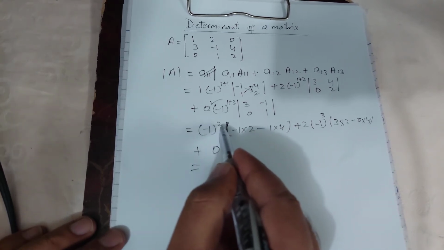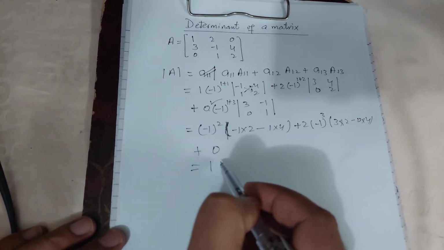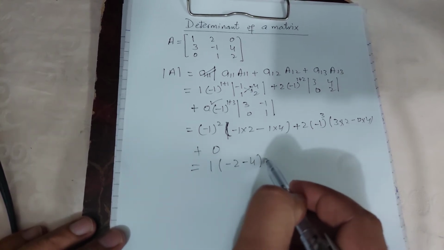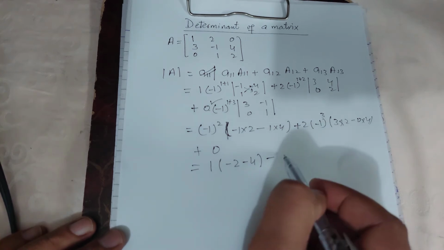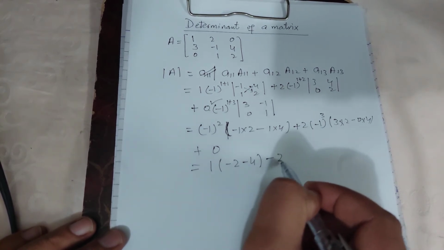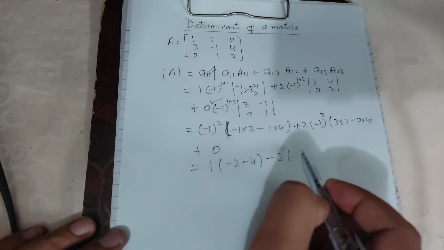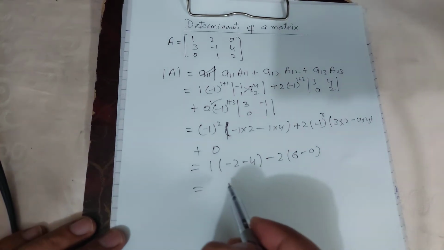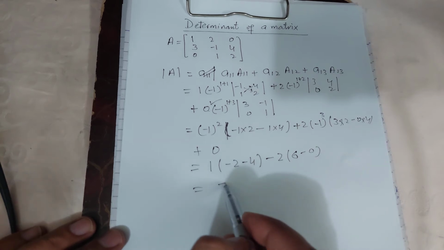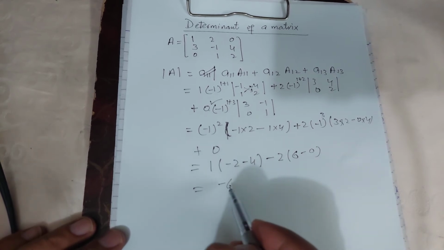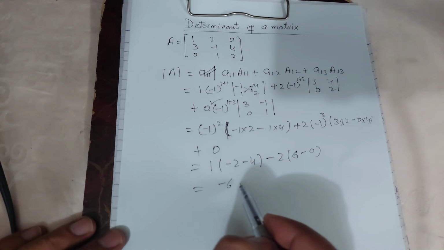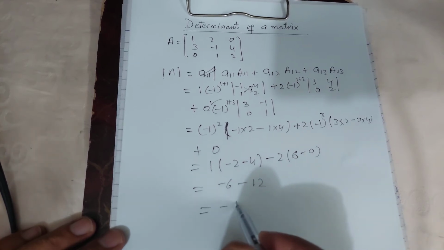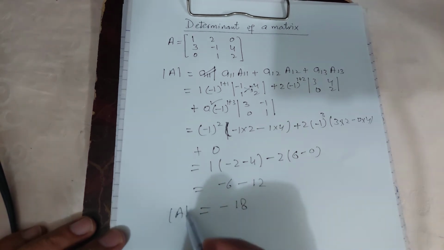So minus 1 power 2 is 1, and in the bracket we will have minus 2 minus 4, and minus 1 power 3 is minus, so it will become minus 2, and inside the bracket we will have 3 2s are 6 minus 0, right? So minus 2 minus 4 is minus 6, multiplied by 1 is again equal to minus 6, and over here it's minus 2 times 6 is minus 12. So the determinant is equal to minus 18.